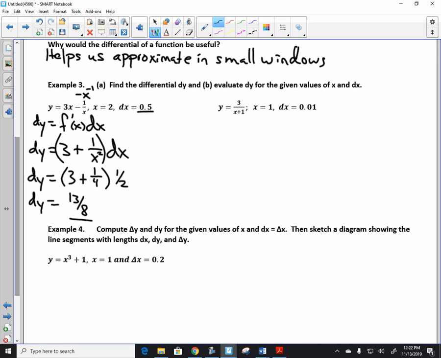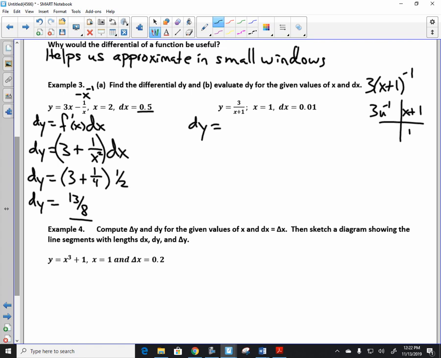Try the next one. dy equals f prime of x dx. I have to find the derivative of 3 over x plus 1. How do you do that? Quotient rule works, but there's an easier way to do it. 3 times x plus 1 raised to the negative 1. What rule do I use? Chain rule. 3u to the negative 1, where u is x plus 1. What is the derivative of x plus 1? 1.